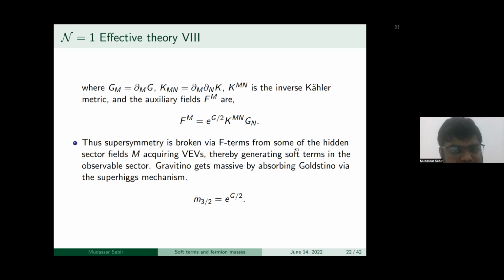Thus the supersymmetry is broken through F terms from some of the hidden sector fields M acquiring the VEVs, thereby generating soft terms in the observable sector. And the Gravitino gets massive by absorbing the Goldstino by the super Higgs mechanism. So in the auxiliary field formula, e to the G over 2 is basically the mass of the Gravitino.